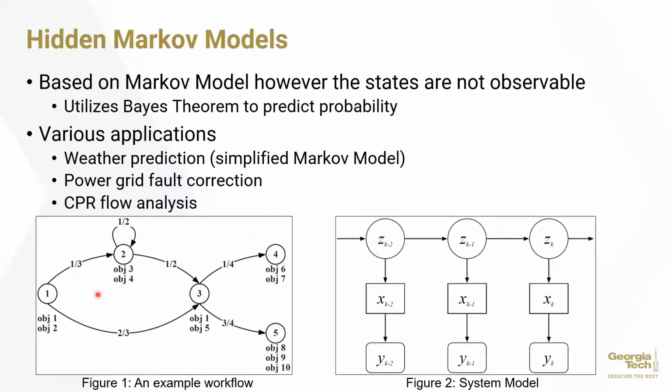And here you have a system model, what would typically be used as a figure for the Markov model in a scientific paper. So Z is going to be your state itself. X is going to be the object space of that state, and Y is going to be the actual objects contained within that space.